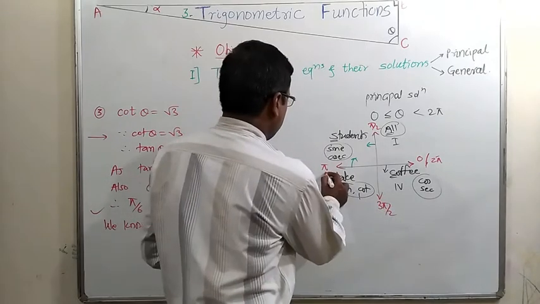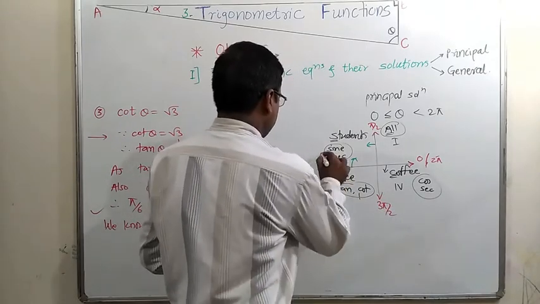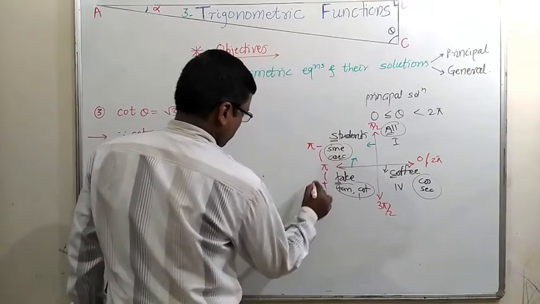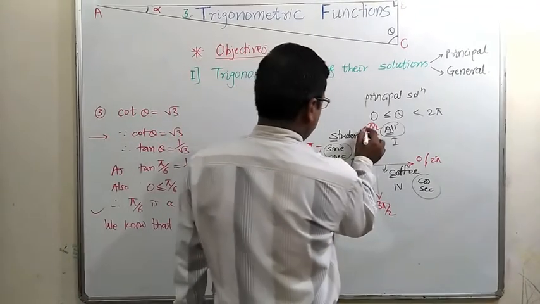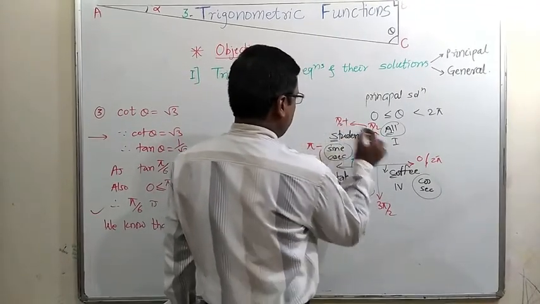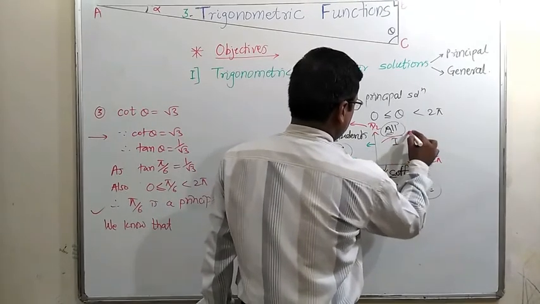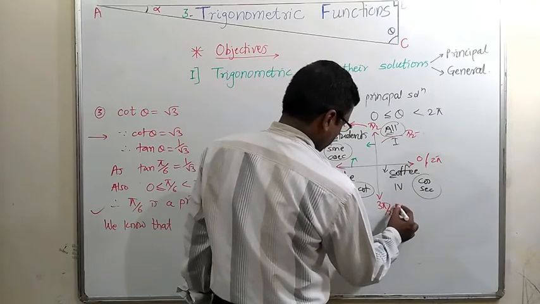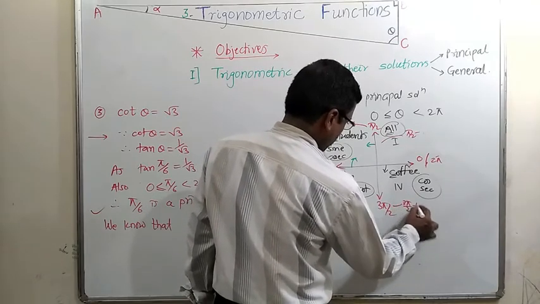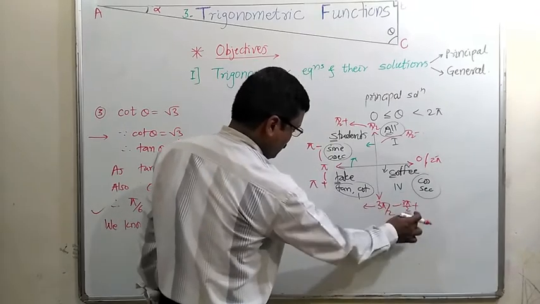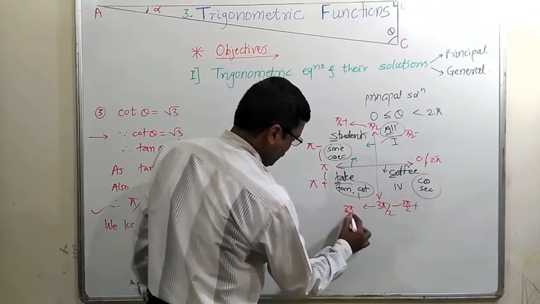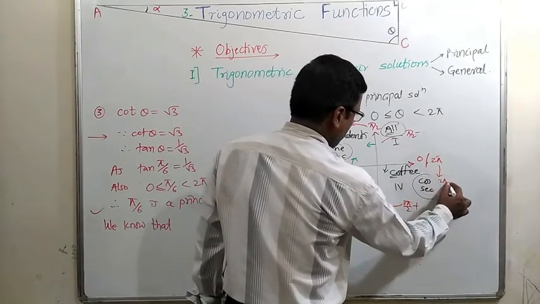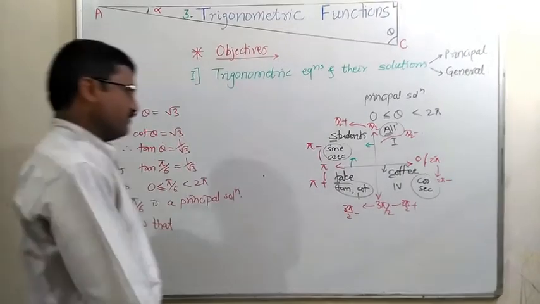Now this is pi plus, and for the second quadrant it is pi minus. Here it is pi by 2 plus, and in the first quadrant it is pi by 2 minus. In the fourth quadrant it is 3 pi by 2 plus, and in the third quadrant it is 3 pi by 2 minus. Also with respect to 2 pi we can write 2 pi minus, that is the fourth quadrant.